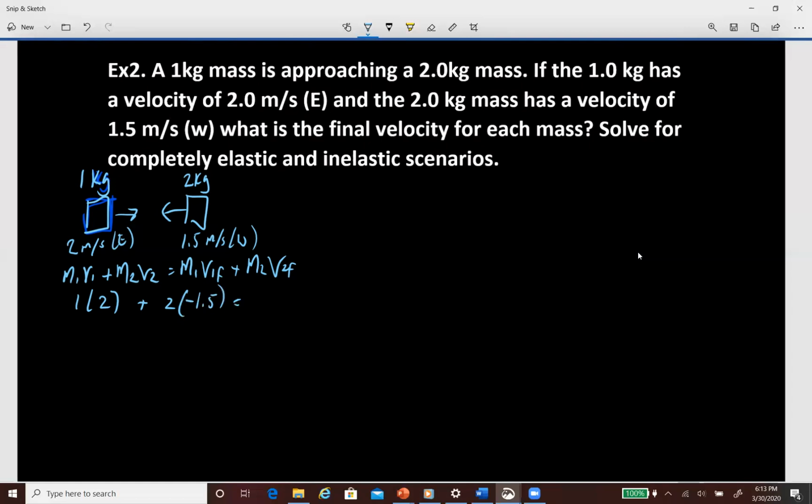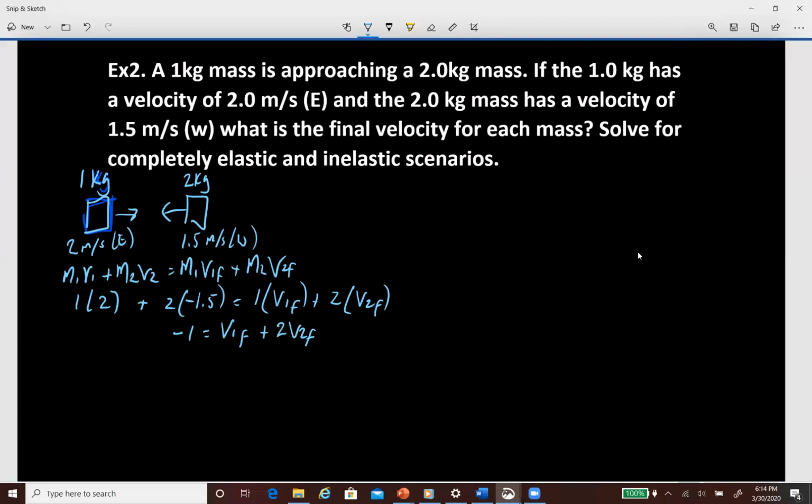So that's going to equal m1 v1f, which is 1 times v1f, plus m2, 2 times v2f. Okay, so this simplifies to minus 1 is equal to v1f plus 2v2f.